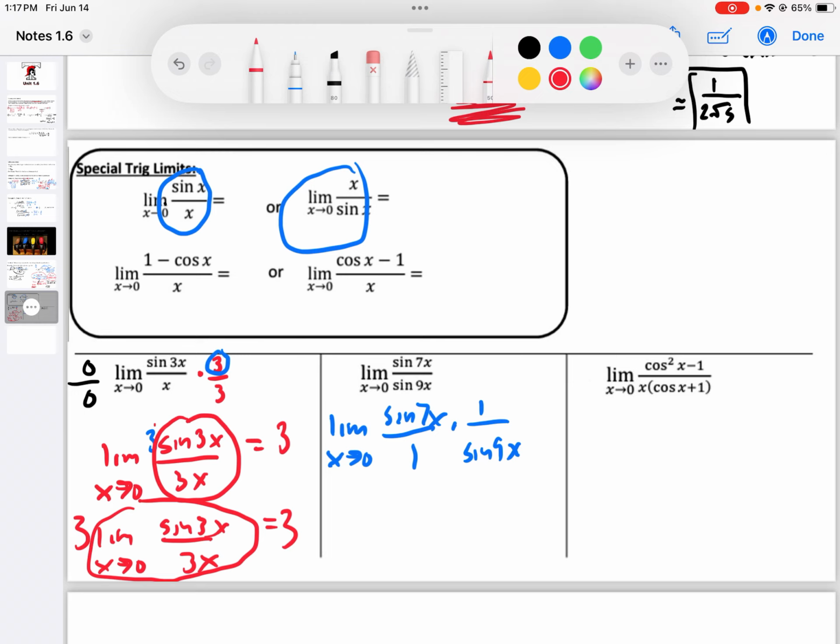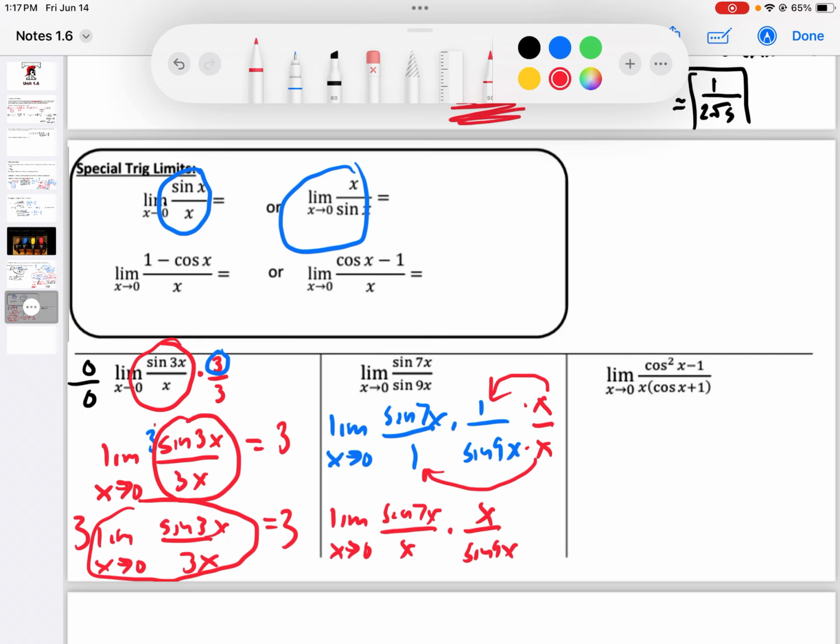And now I'm going to multiply the top and the bottom by x. If I multiply the whole top by x and the whole bottom by x, now notice it's not a plus sign, so I don't have to distribute. I can pick this x to go here, and this x to go here. Now the limit as x approaches 0 of sine 7x over x times x over sine 9x.